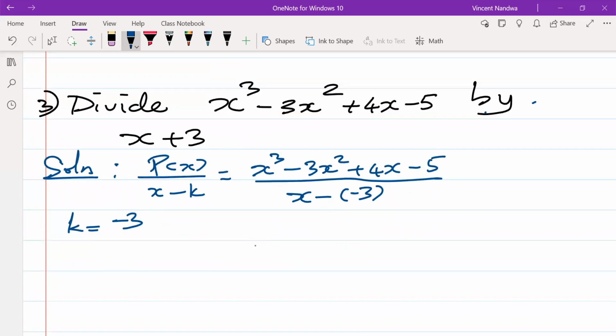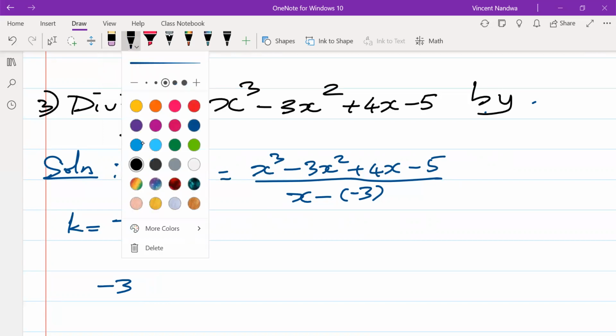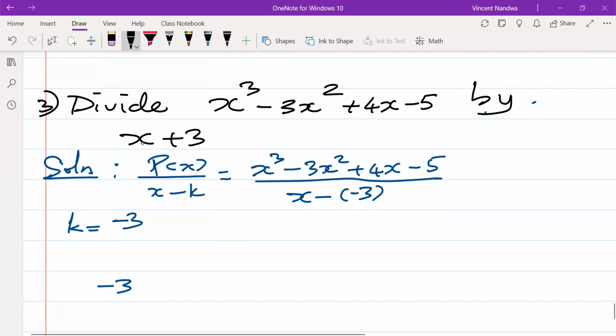So we have minus 3, and then the first coefficient is 1, followed by minus 3, followed by 4, followed by negative 5.